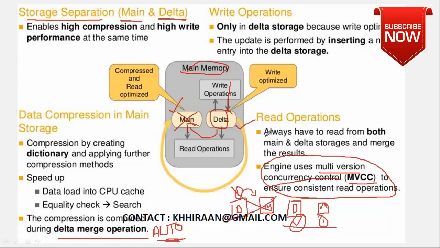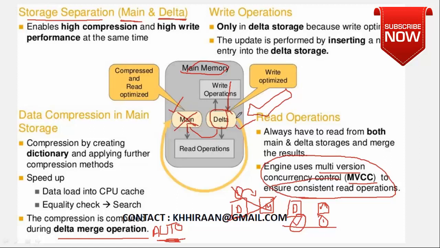So what is the benefit of this? It's going to improve your performance because these delta merge operations are only supported by column store tables. So if you have a column store table, this is going to be the biggest advantage for the particular system.